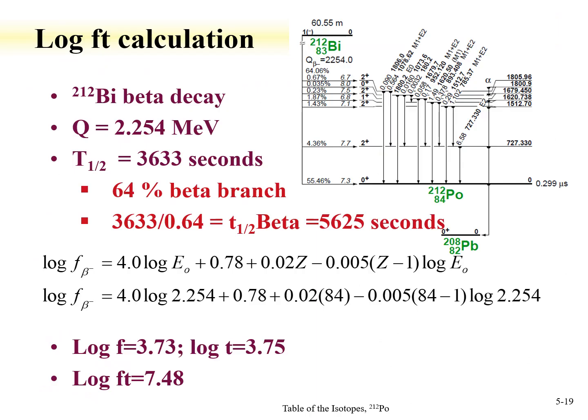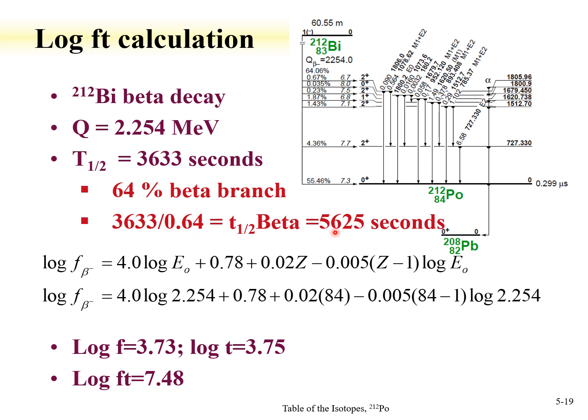We can perform another log Ft calculation. Now let's use the beta decay of bismuth-212. The Q value is listed here. We need the Q value in MeV, so it's 2.254 MeV. The half-life is 3,600 seconds. Well, we actually need to get the beta decay half-life, which winds up being 5,625 seconds.